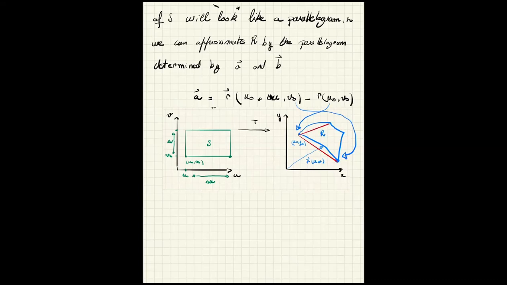Okay, for B. Now B is given by R of U0, V0 plus delta V minus R at U0, V0, right? So again, this point is again, I hope it's not going to be a mess.